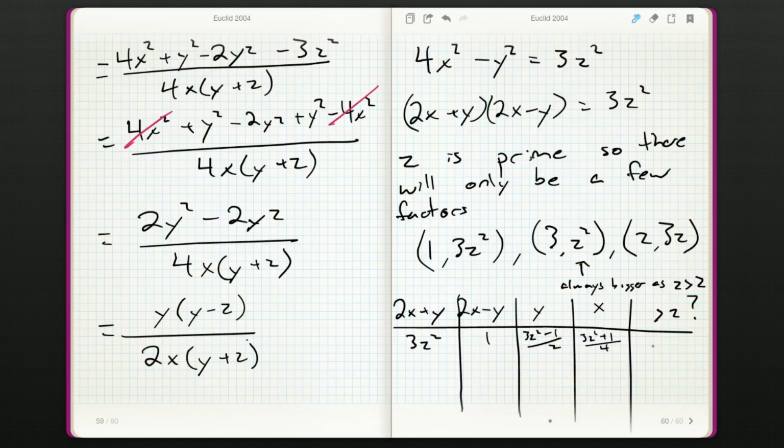And I have no idea if that's bigger than z. It'll probably be context dependent. Okay, moving on to the next one. Z squared and 3. This is a little nicer. Z squared minus 3 over 2. Again, if z were even, we'd not have an integer.